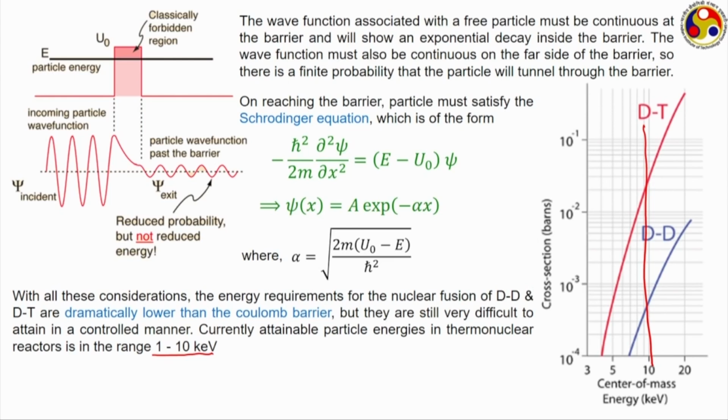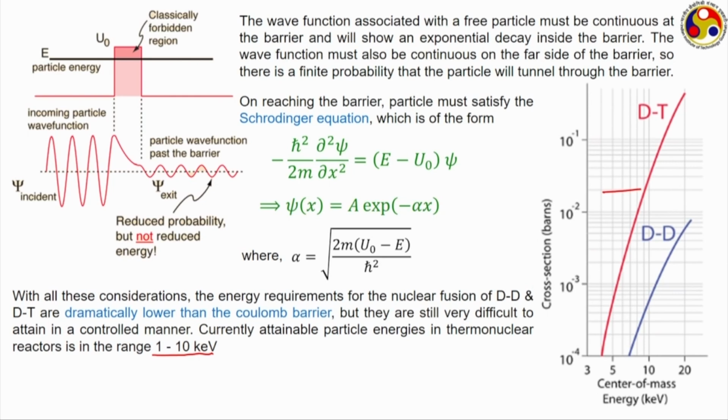Of course, there is still improvement: if we can go up to something like 20 keV, we can get an even larger cross section and so a larger reaction rate, but at least for the DT reaction this is still quite significant. But 1 to 10 keV is also not a matter of joke.